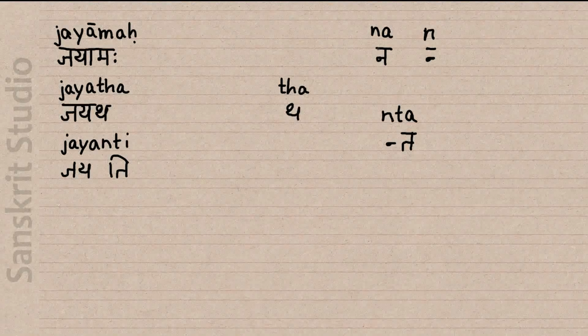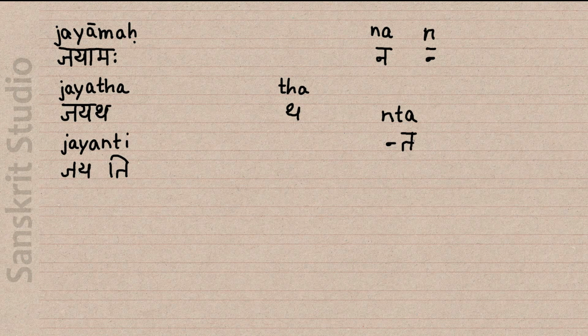So we just take that na sound and remove the vertical stroke to become an n, and then we just put it right before the ta here. So this is nta. But in this case, we have not nta but nt.